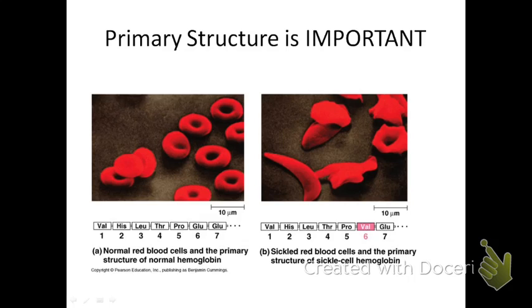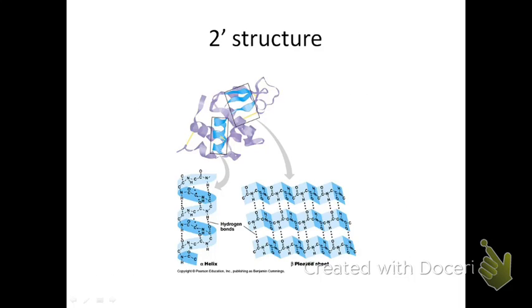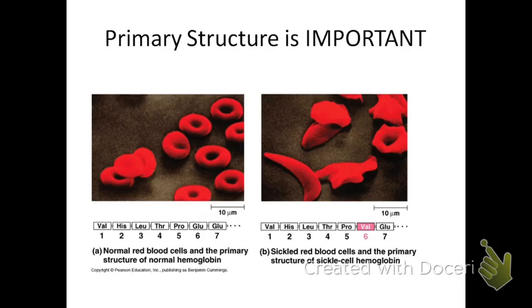If we look at the structure and function of our blood and how it carries oxygen, primary sequence is really, really important. So just look at the difference between sickle cell disease and normal red blood cells. Just by changing this sixth amino acid here, it changes our whole structure from something that can carry normal red blood cells to being this horrible disease.